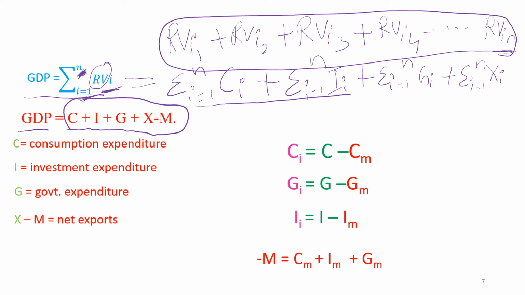So this is the expansion form of sigma i equal to 1 to N RVi.